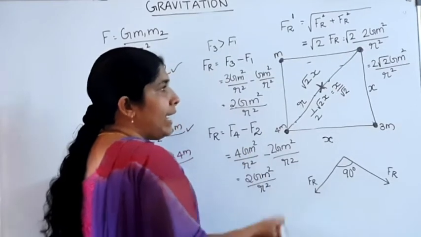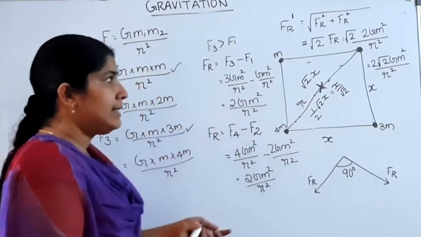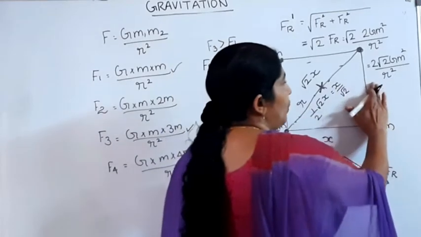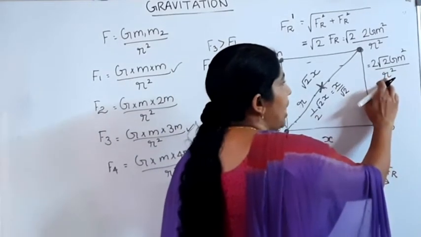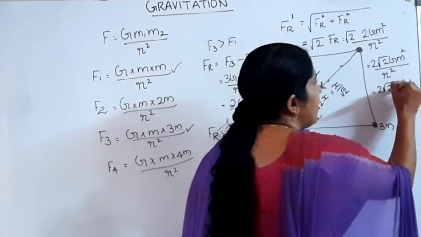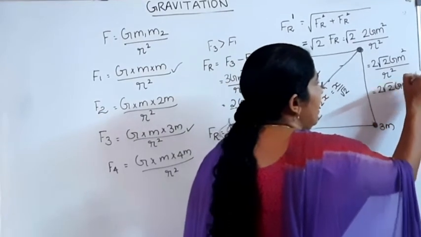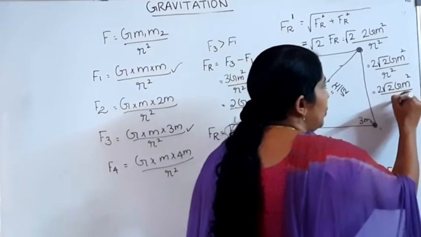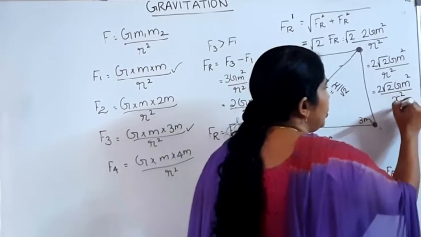Now we want to write in terms of x. On substituting the value of R equal to x by root 2, R square is x square divided by 2.